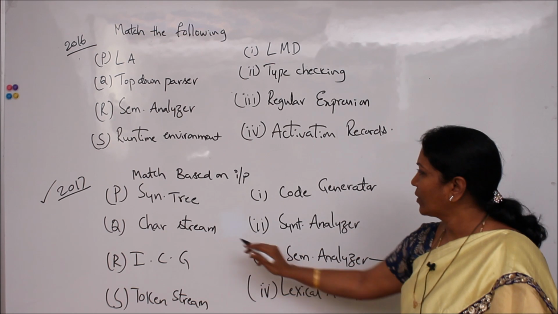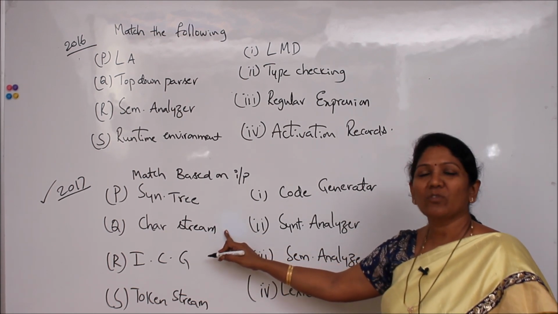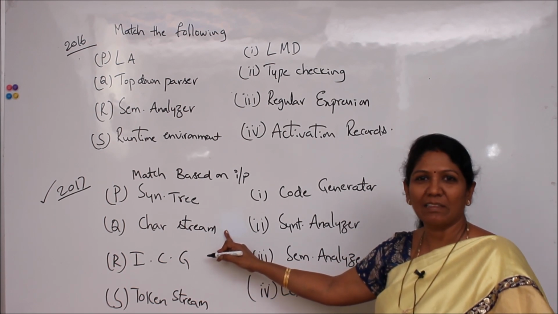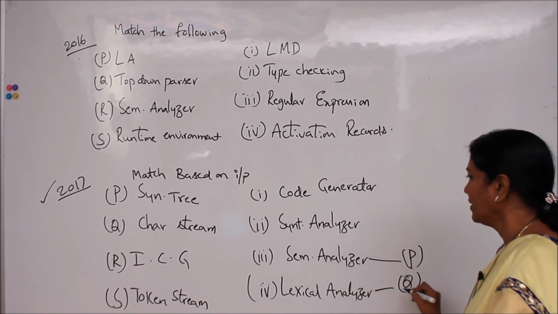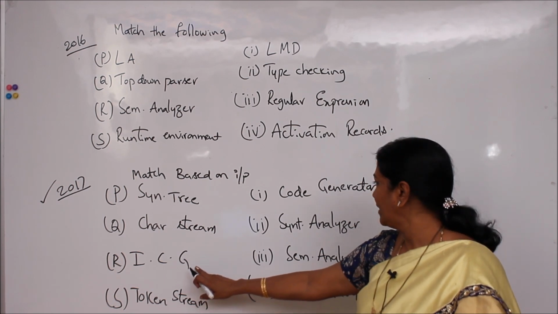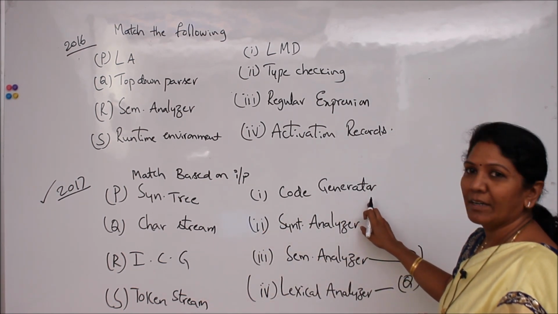Okay. Now coming to character stream. Character stream means source text. Source text can be input for what? To the first phase, nothing but lexical analyzer. And coming to intermediate code generator, it actually gives input for target code generator.